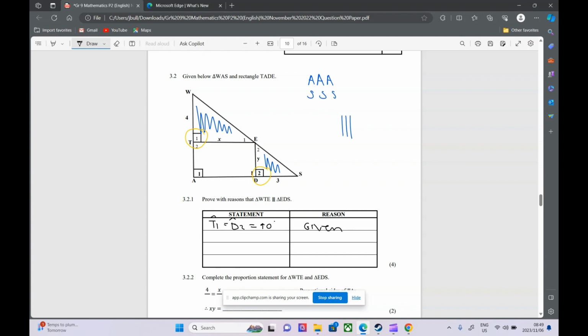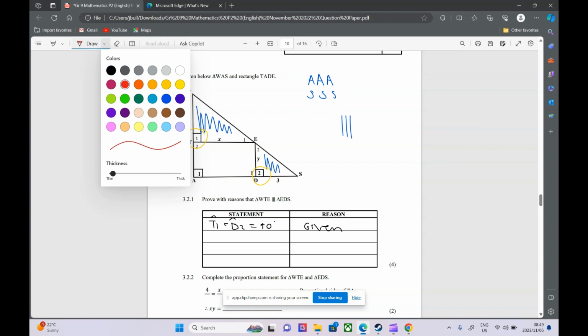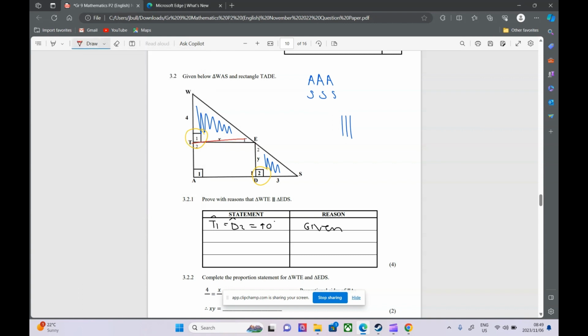And then let's see what else we can find. It's a little bit difficult to see, so let's get a different color pen. Because we've got a rectangle here, it's an interesting situation. That means these 2 lines are parallel, which means we can maybe use corresponding angles, co-interior angles or alternate angles.